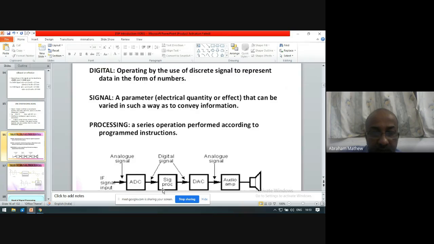Then we can process this digital output that is coming out from the analog to digital converter using various processors, digital signal processors we can use.